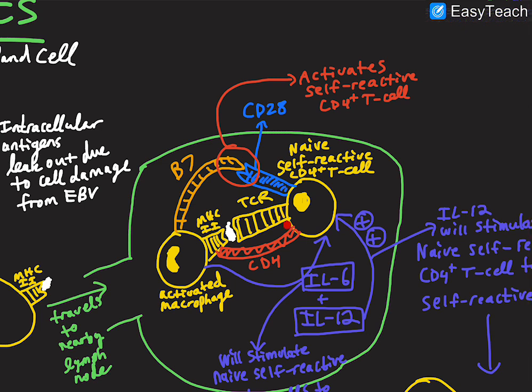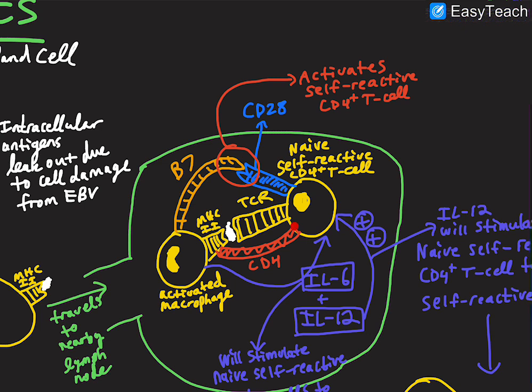So if we have a self-reactive naive CD4 T cell here in the lymph node, and it encounters a macrophage that has a self-antigen on its MHC2, then they can bind each other. The naive CD4 T cell that's self-reactive can bind to the self-antigen via its T cell receptor. And this macrophage, of course, is presenting that self-antigen onto MHC2.